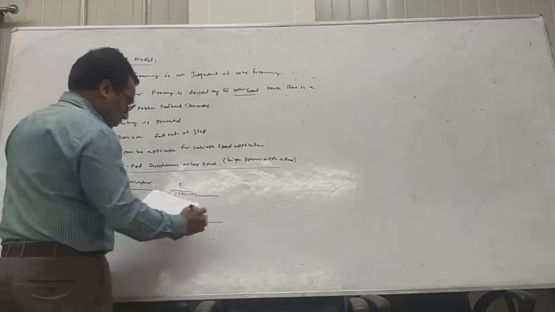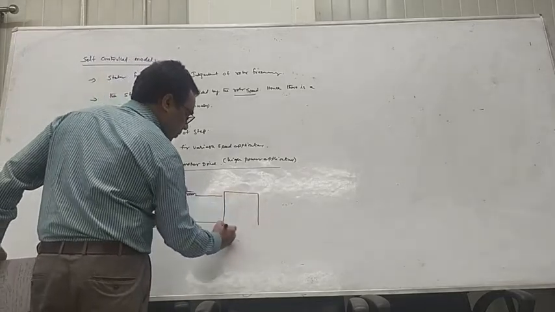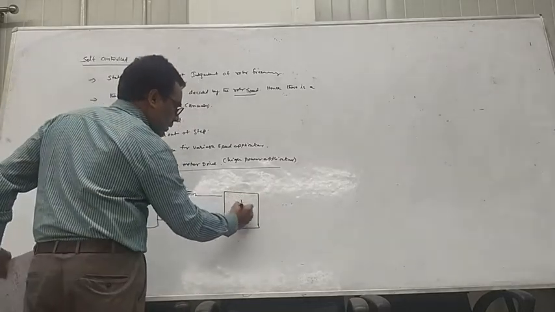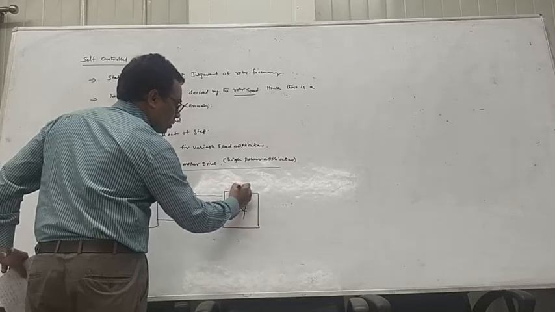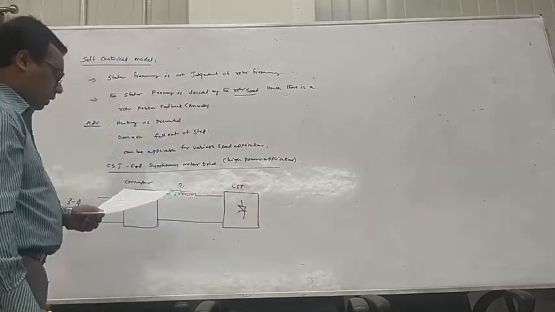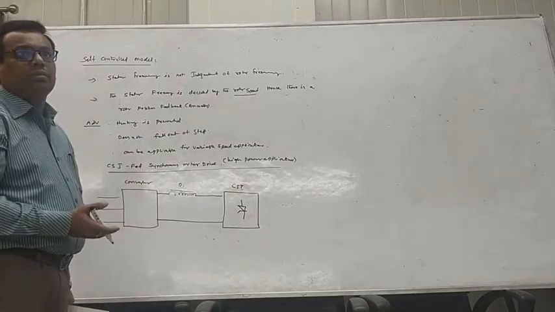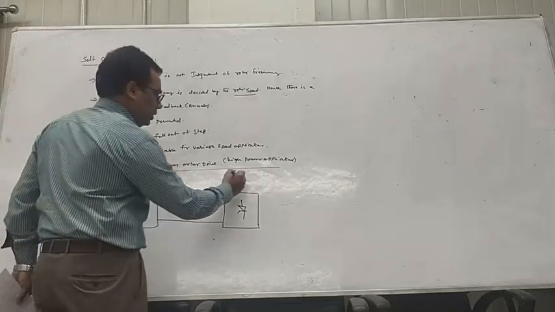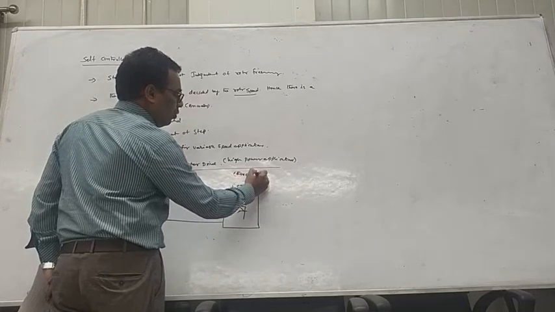After this, it is going to the CSI, the current source inverter. This current source inverter is commutated by forced commutation.